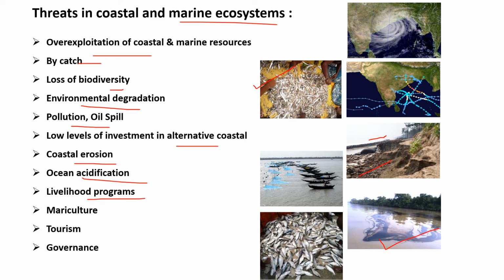And livelihood programs are also being hampered. And mariculture, open sea culture, is also hampering the natural system of the ocean ecosystem. Tourism is also hampering, and governance, so bad government, bad management, and bad policy are also hampering the marine ecosystem.